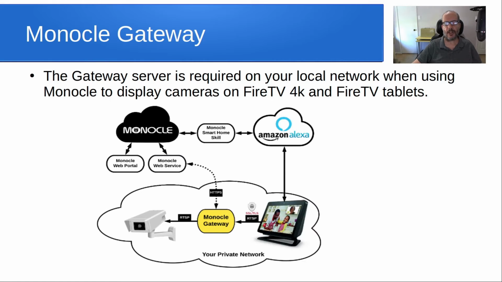So how does this architecture look? Well, basically, out on the web, we have a Monocle presence, and that involves the Monocle web portal where you define your cameras, and then a Monocle web service that is able to connect down to the Monocle gateway, which will run locally on your network, and it handles taking the stream from an RTSP camera and displaying it on an Echo Show or a Fire TV.